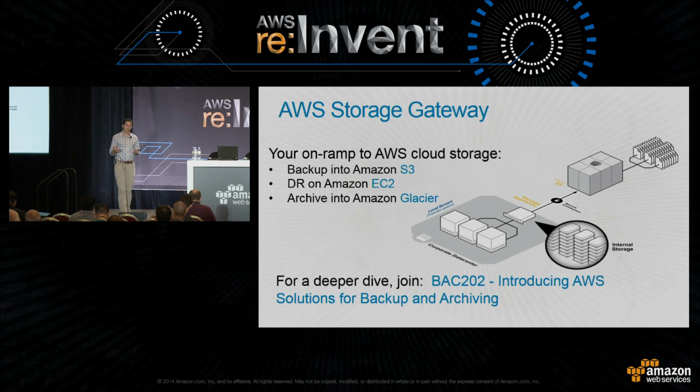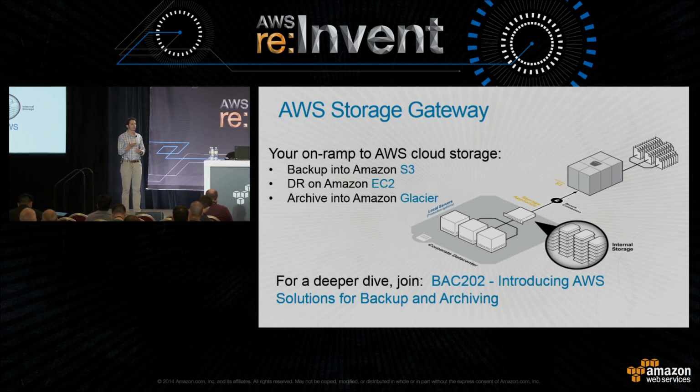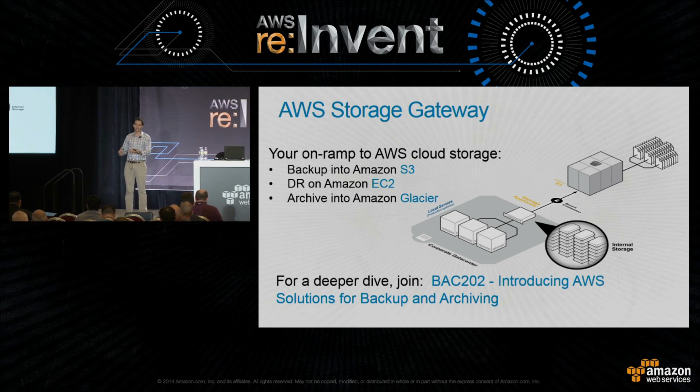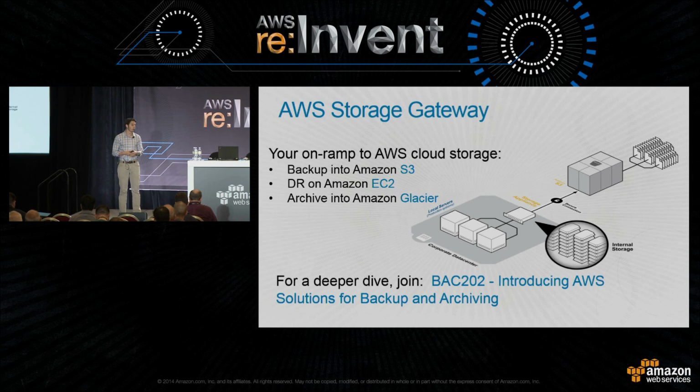The virtual machine utilizes local disks for buffering and for caching, and it presents a local block level or VTL iSCSI interface. So you can basically take your existing backup application or archive application, point it at the iSCSI interface, and start copying, backing up, or archiving files. These files are then going to be cached and buffered, compressed, encrypted, and sent over to S3 and Glacier for persistent storage, benefiting from the high level of durability.